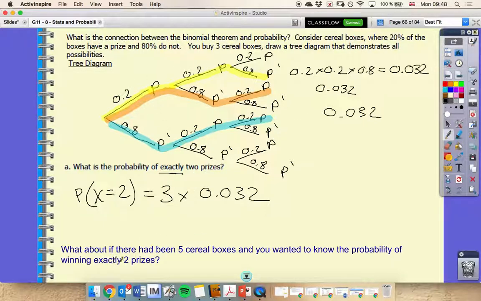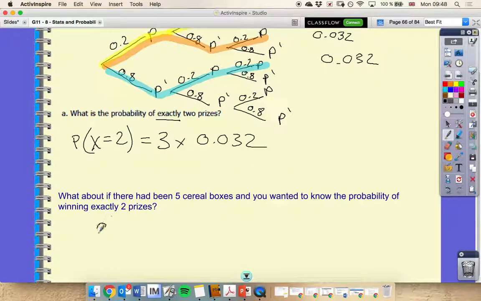If we're going to stick with winning exactly 2 prizes, what are those 5 terms going to be, Arabella? So we'd have the same and then times 0.8 times 0.8. Okay, we're going to have 0.2 times 0.2 times 0.8 times 0.8 times 0.8. Right, but we're all doing SL maths, so let's write this with some powers.